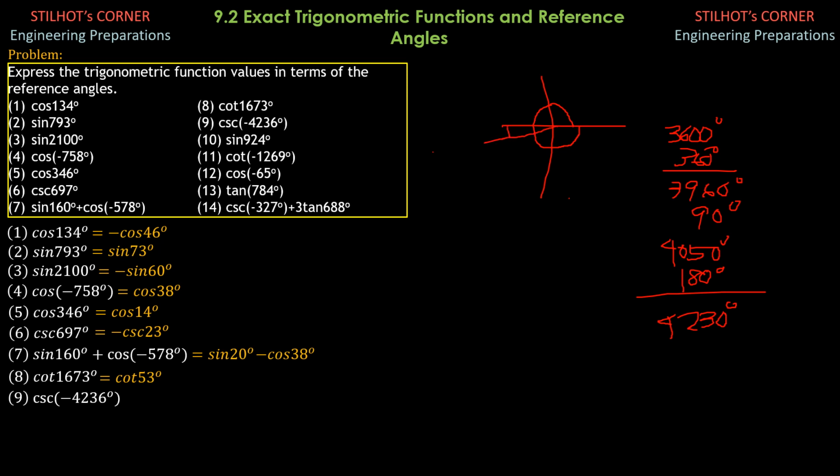So this is 6 degrees. So the reference angle is 6 degrees. The angle terminates in the third quadrant. Cosecant in the third quadrant is negative, r over y, because y is negative. Therefore, cosecant of negative 4236 is also the negative of cosecant of 6.